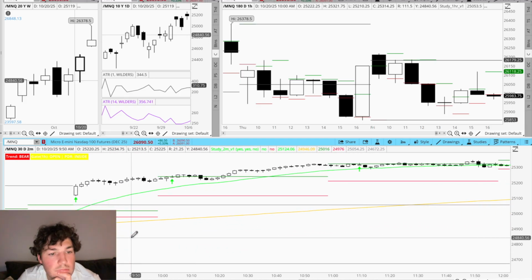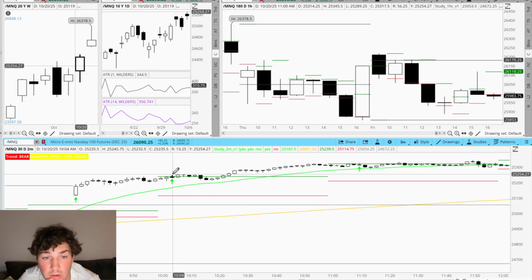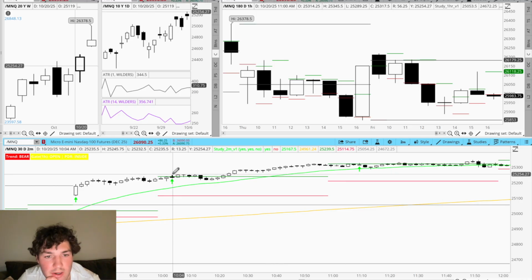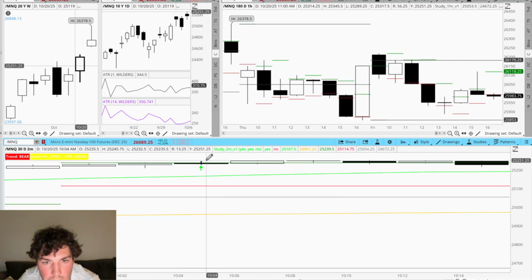This one would have made 11 points. This one, I don't think this filled, and if it filled, I would have lost 24 points, but I don't think this would have filled. Oh, I think I've proved myself wrong.